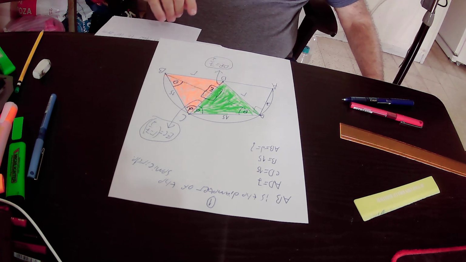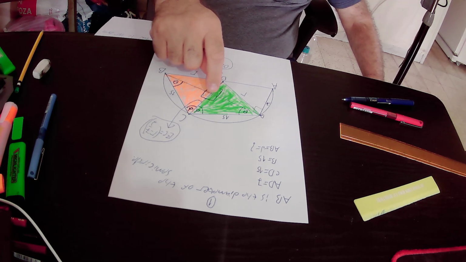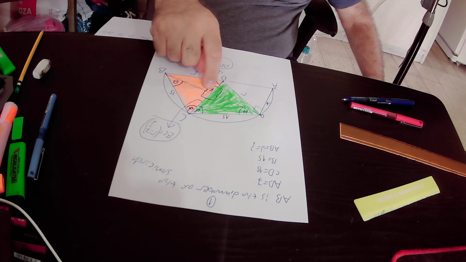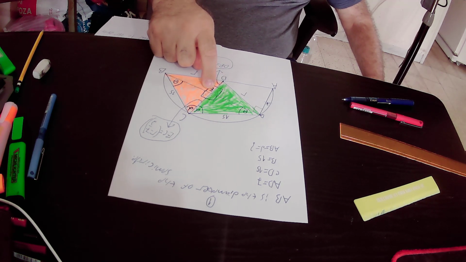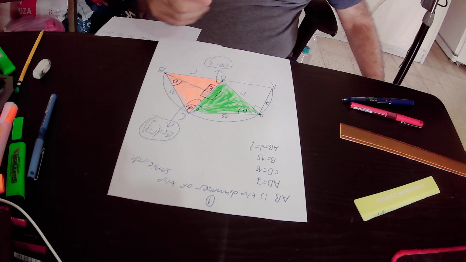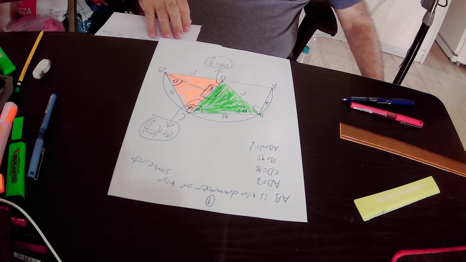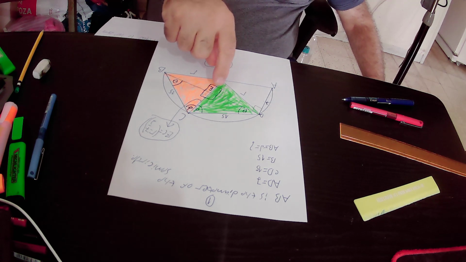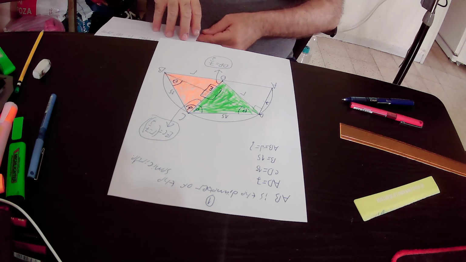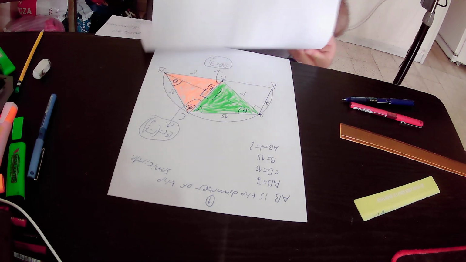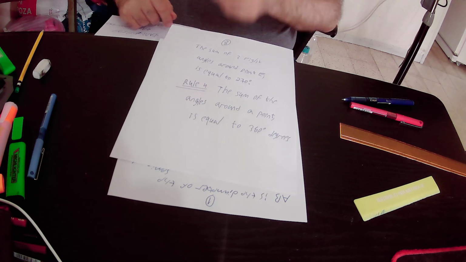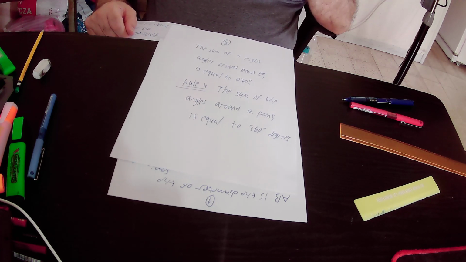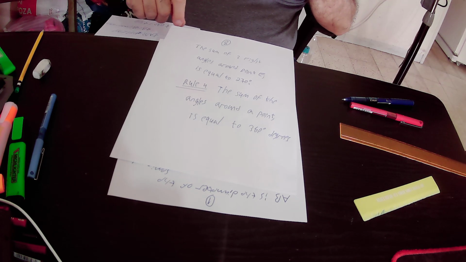So we found out that around point E we have 3 right angles. This angle, this angle, and this angle are right angles. The sum of those 3 right angles is 90 degrees times 3, which is 270 degrees. And we defined angle OED as y. We have rule number 4, which states that the sum of the angles around a point is equal to 360 degrees.